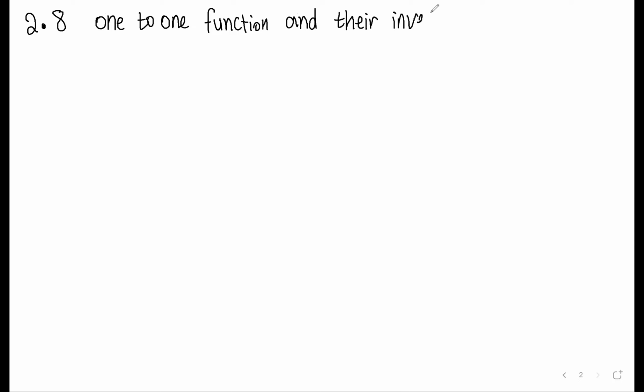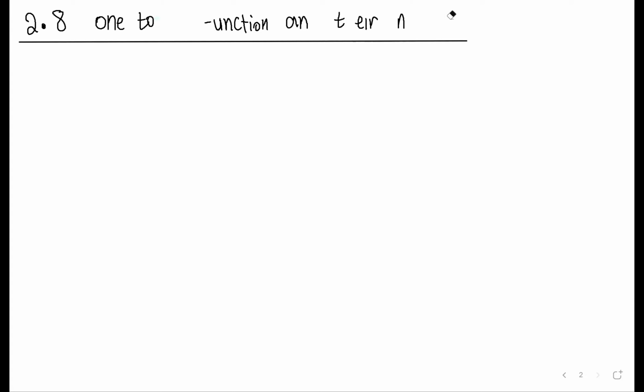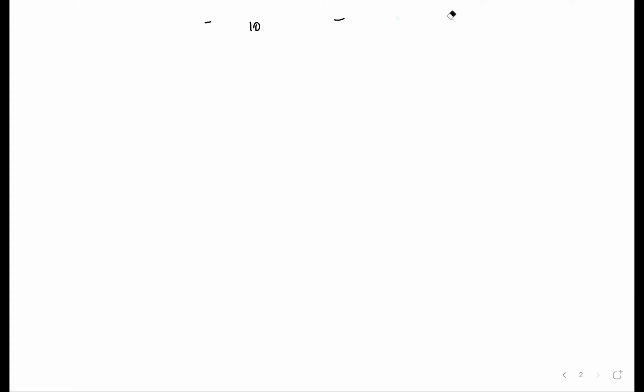Professor, were you going to show us an example of how to do composition of functions from a graph or a table? Oh, from graphs? Yes, because in the homework it tells us to use it from a graph and also a table, but I don't know how to do that. Okay, let's do it.